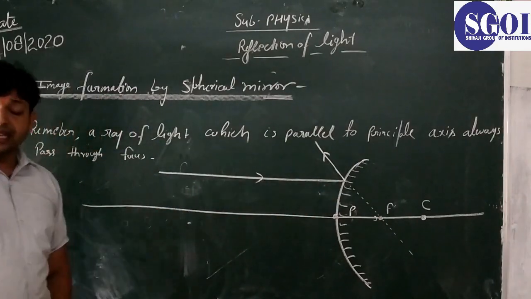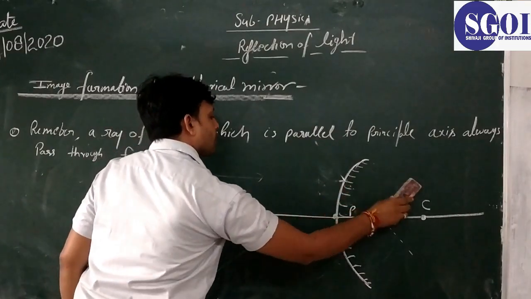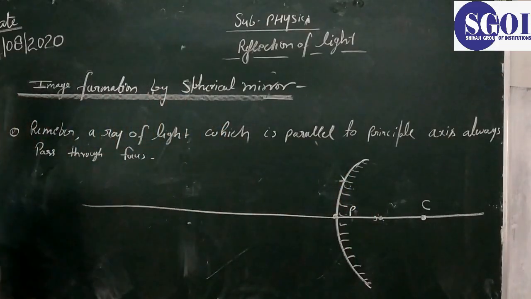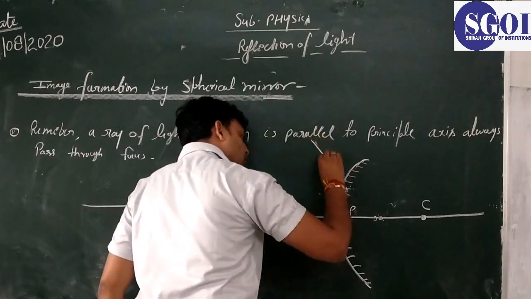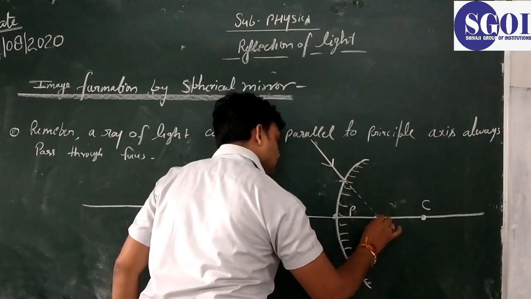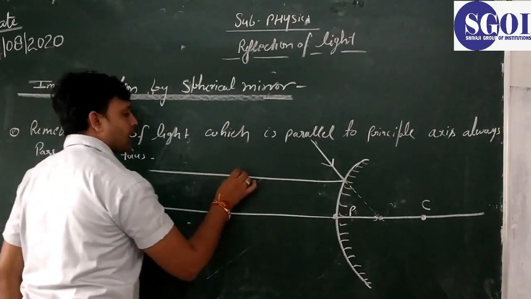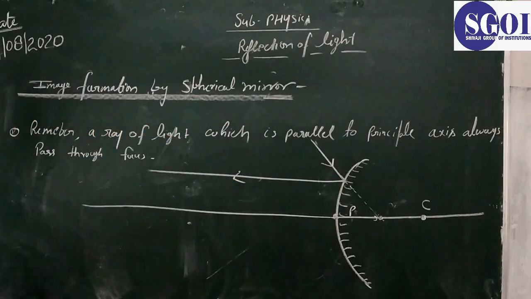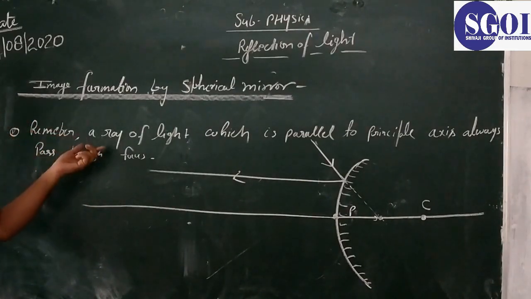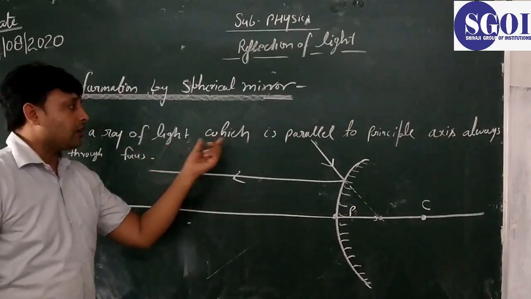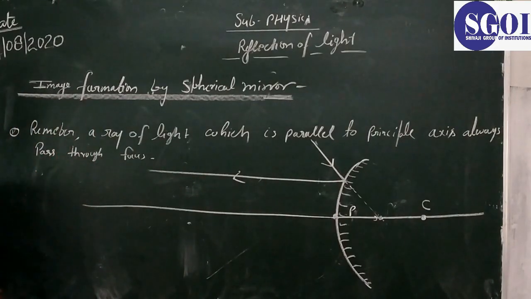And the second point: if a light ray comes towards the focus, after incidence it will be reflected parallel to the principal axis. Remember, a ray of light which is parallel to the principal axis always passes through the focus.